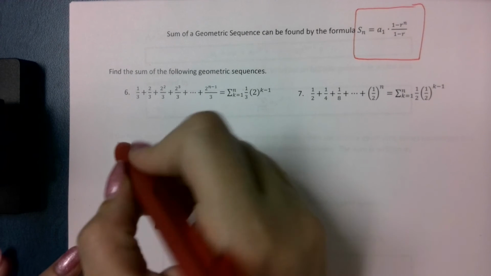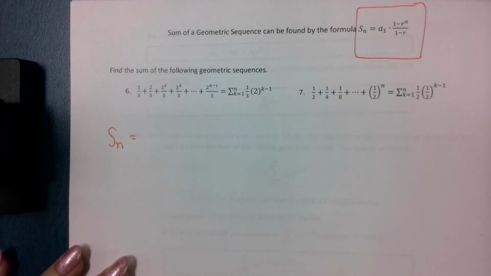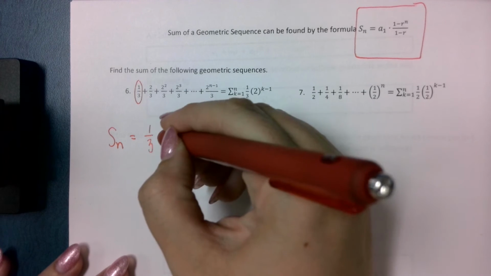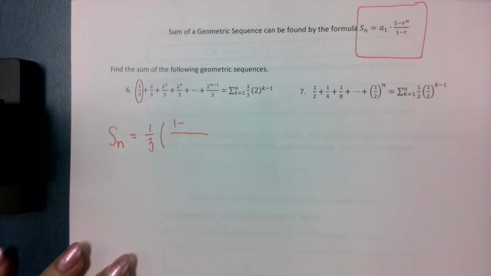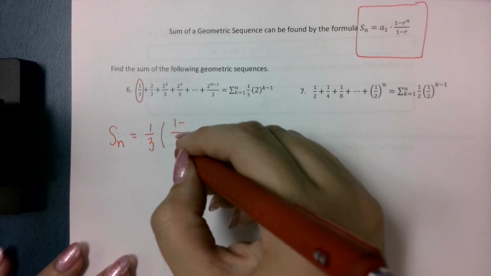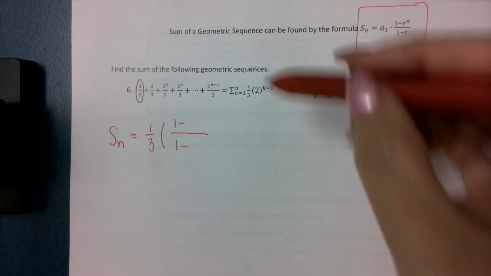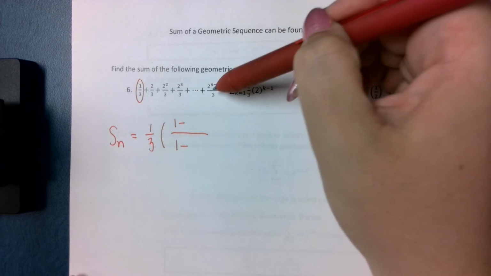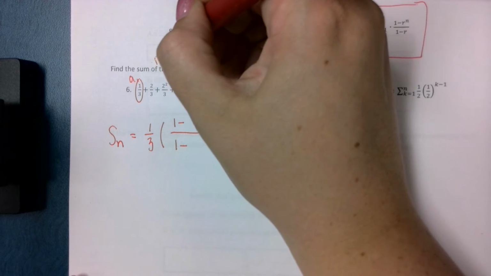So in this problem, if I want to find the sum, a sub 1 is equal to 1/3 times 1 minus r to the n over 1 minus r. Okay, so I need to figure out what r is. Well, if I look at my formula here, it looks like I'm multiplying by 2 each time. So our a sub 1 is 1/3 and the r is 2.